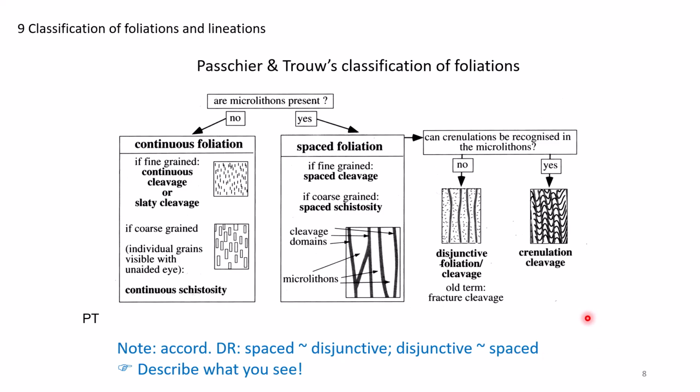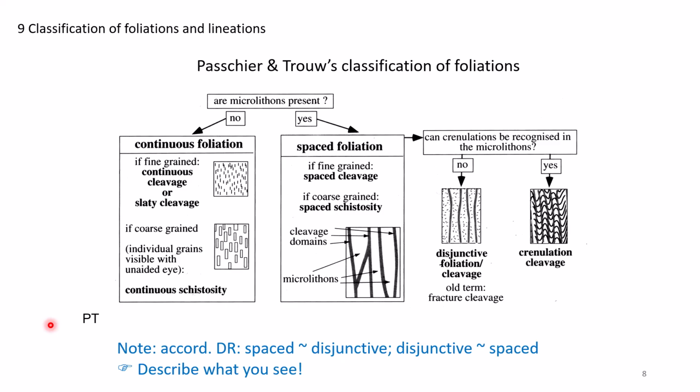If you want to avoid unclarity in the texts that you write about your observations, the best way is to refer to the specific classification system that you use, or simply describe what you see.